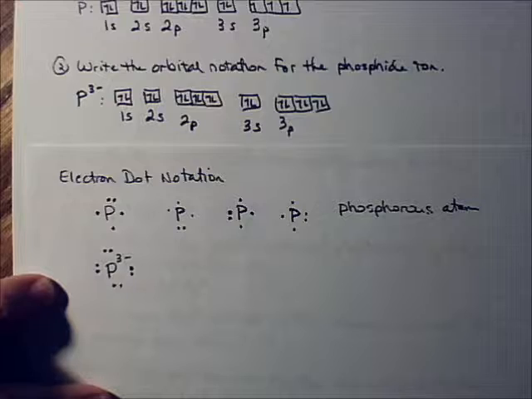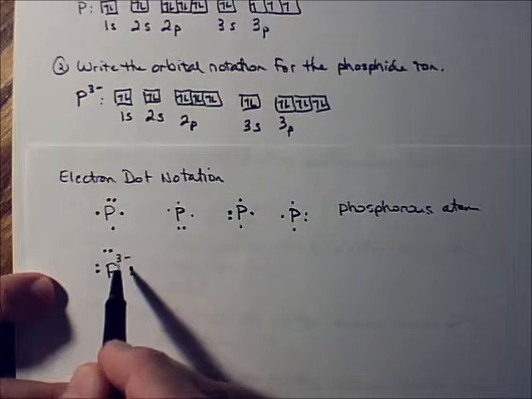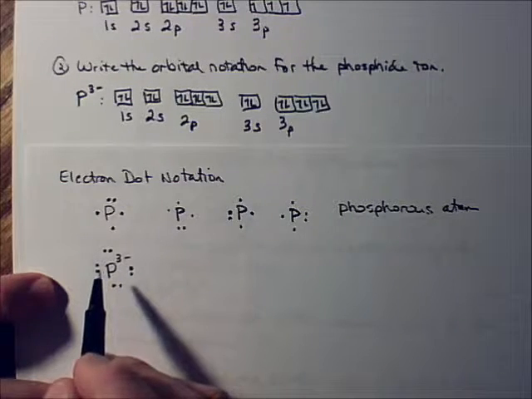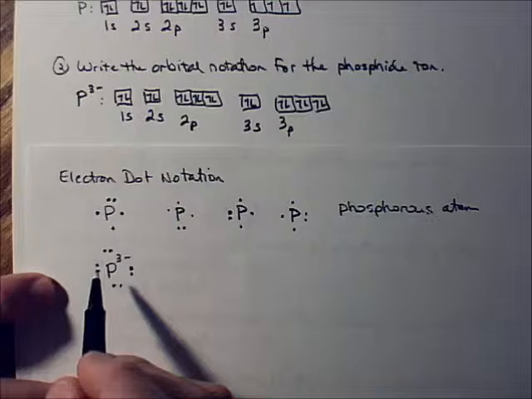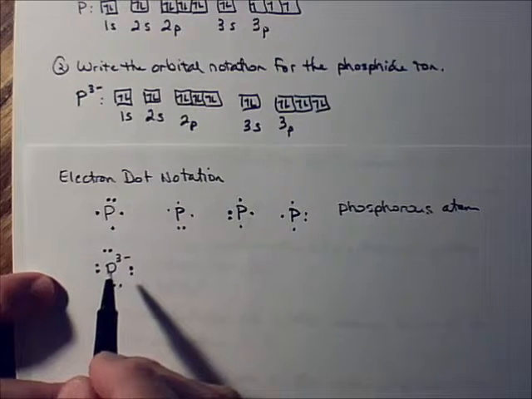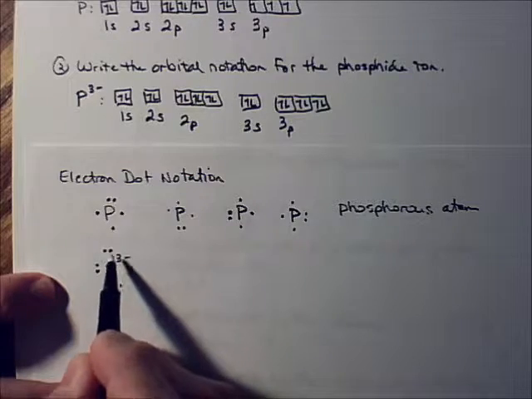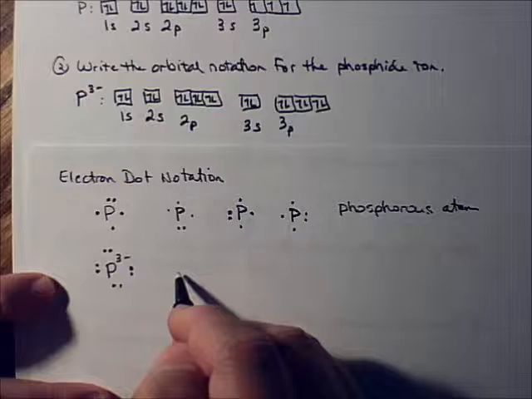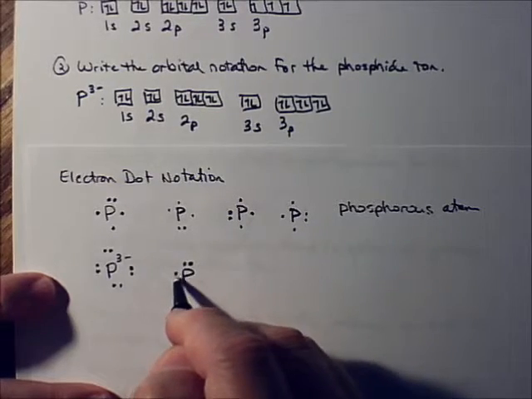Now wait a minute. Hold on one second, because I want to be clear about something. Sometimes it's really difficult to tell where that 3 negative belongs. And when we get to more complex ions and things, it might be more difficult. So it's better if you take the electron structure and put it in brackets, like this. I'll show you.